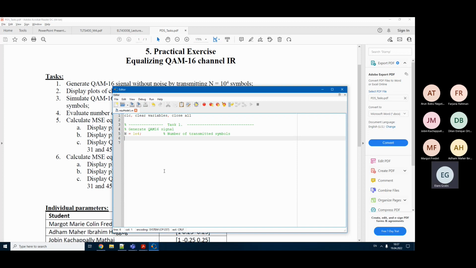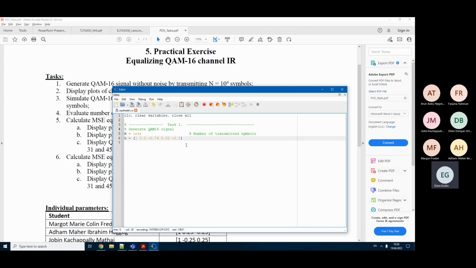Also, we need to specify the impulse response. I'm going to use a longer impulse response than is specified for you, just to show you a more difficult case for channels.